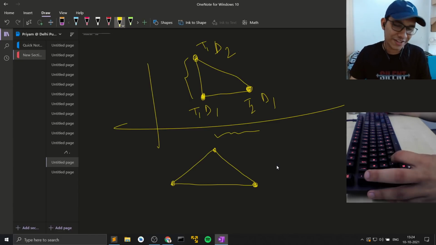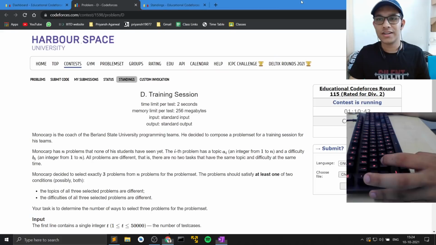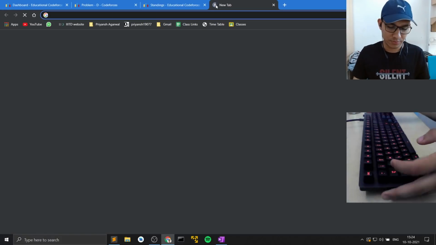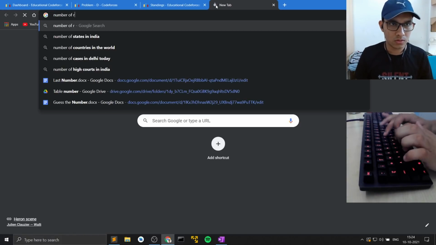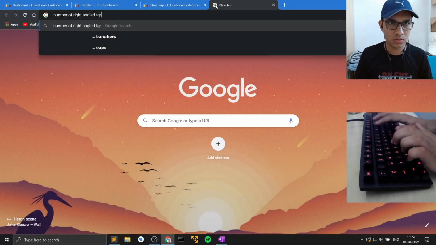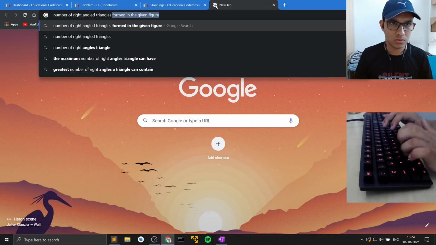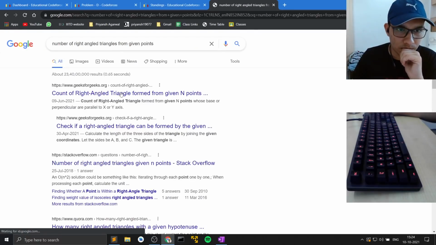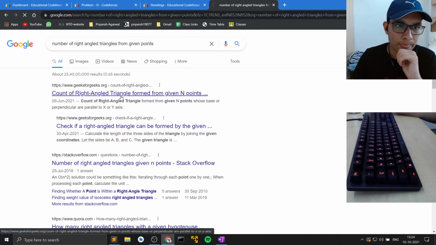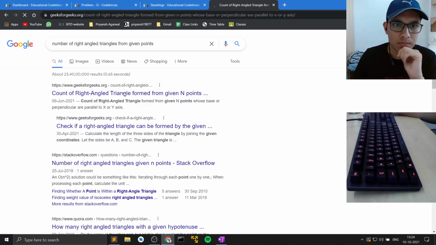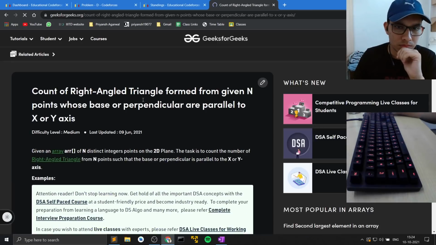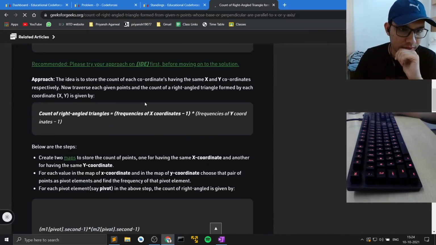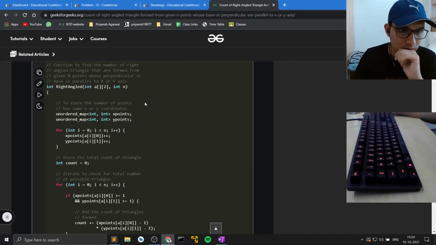I think all we need to do is just find out the number of right angle triangles in the given points. Yeah, this is exactly what we need to find. So the time complexity is order of n.